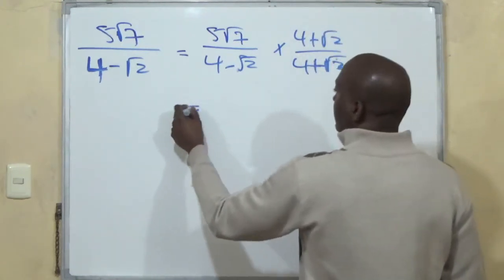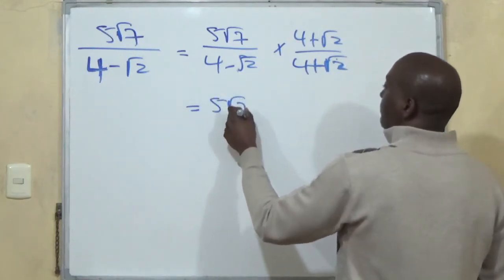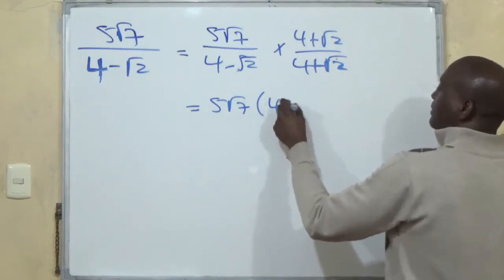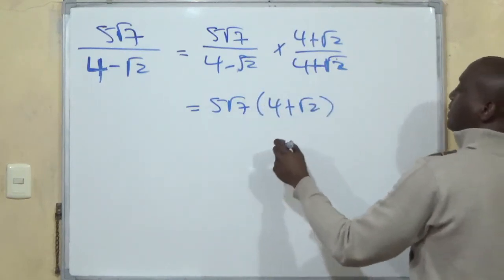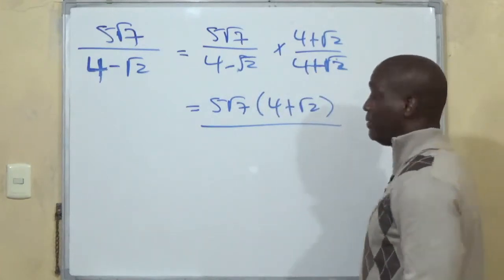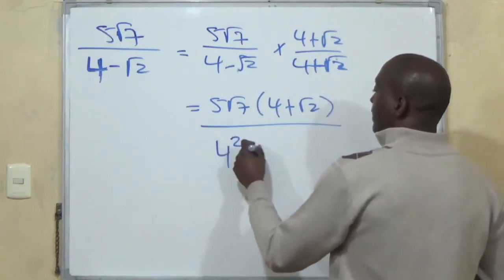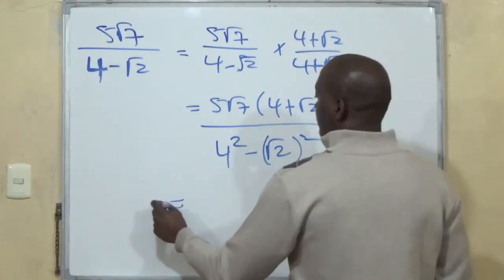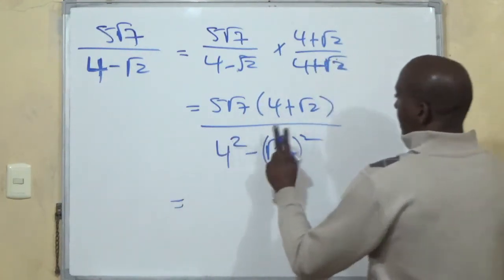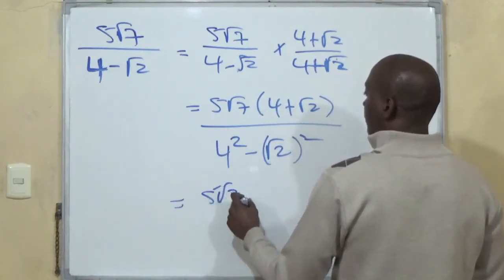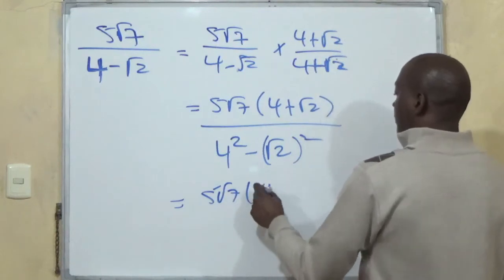That would be 5 root 7 in brackets by 4 plus root 2 in brackets, all over, we already know what that will be, difference of two squares. So that will be 4 squared minus root 2 squared. Again, we leave the numerator as is, 5 root 7 into 4 plus root 2.